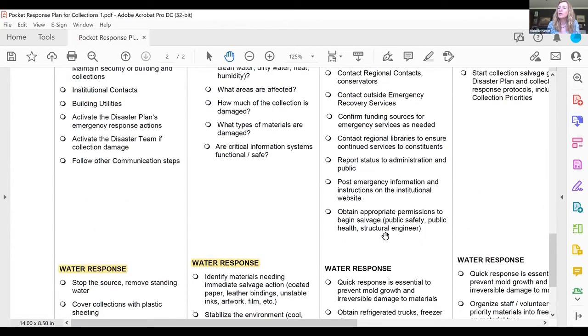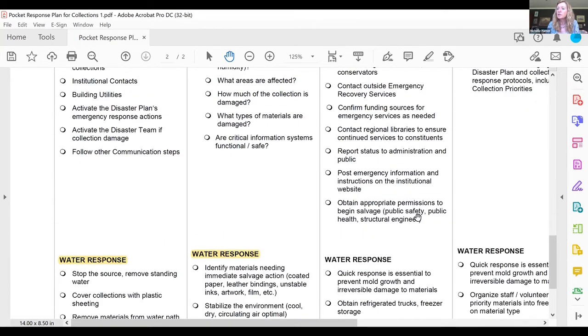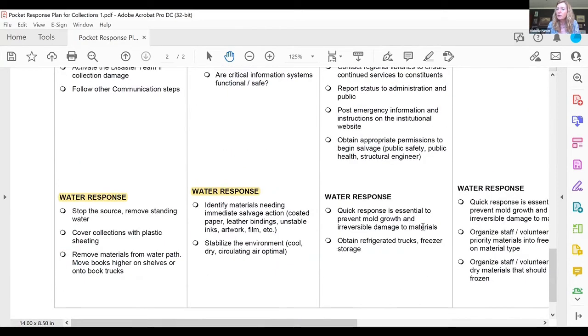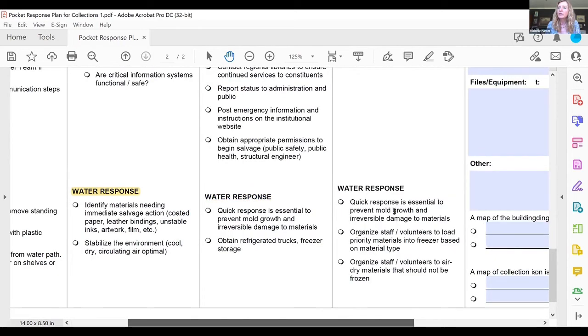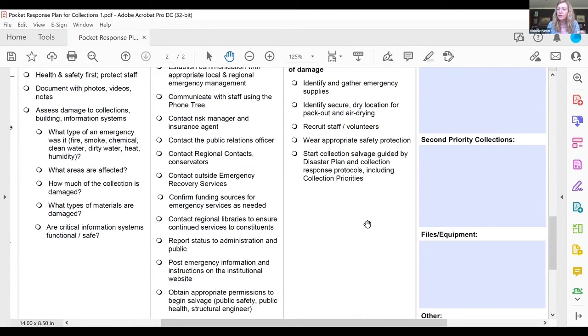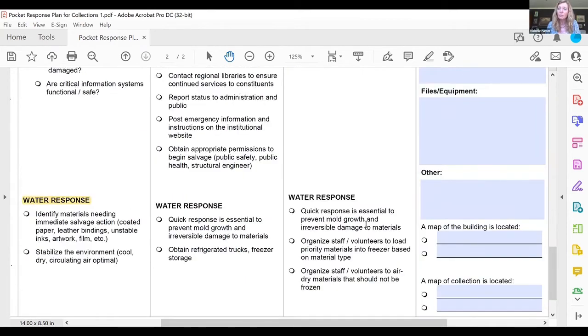And then for your communication, quick response is essential to prevent mold growth and irreversible damage to materials. So here they quickly phone the refrigerator trucks and the freezer storage and get that organized. And then under the collection salvage, what they've put here: we've got to stop mold, and we're going to get staff and volunteers to load our priority materials into the freezer based on material type.